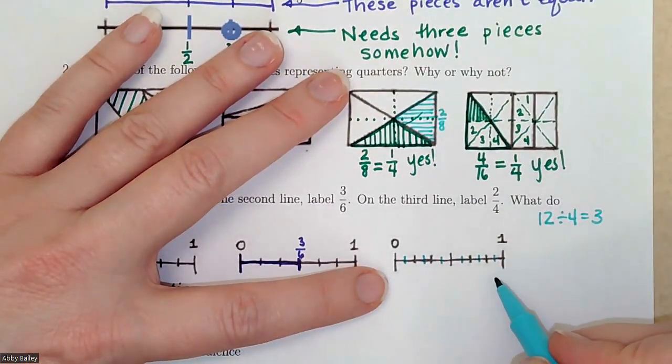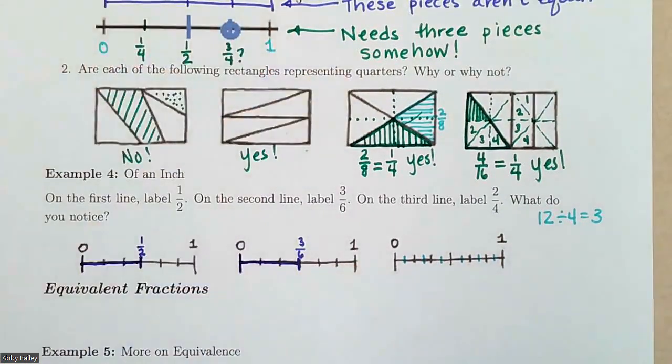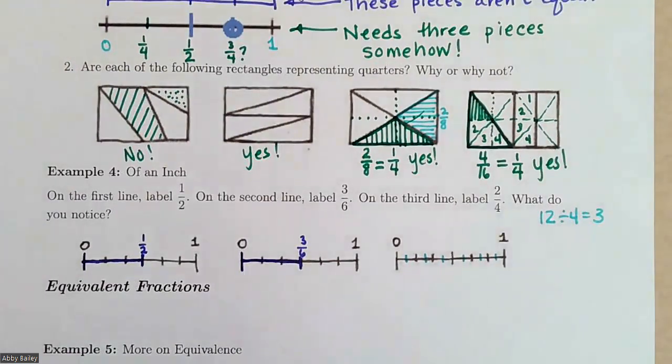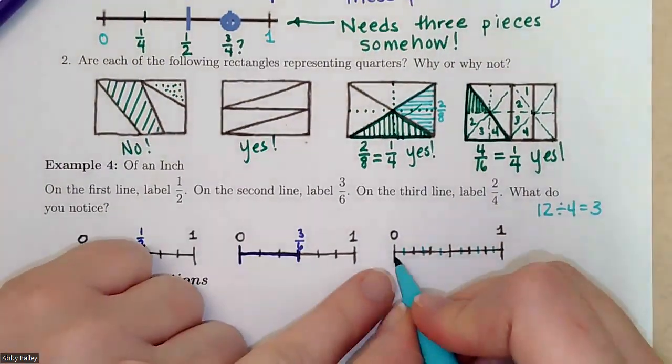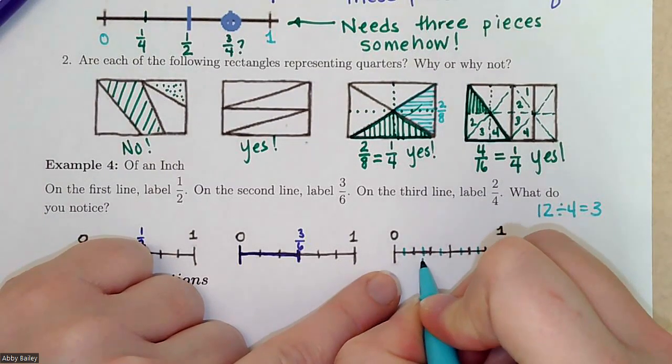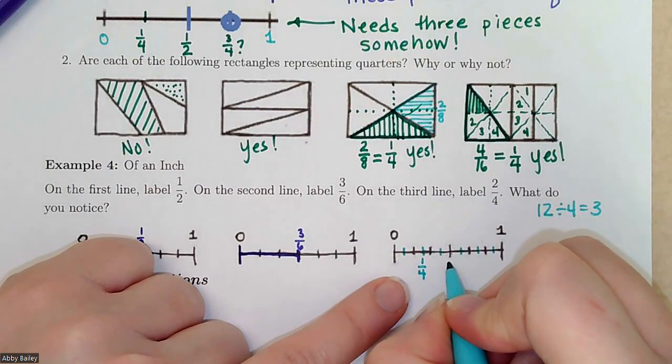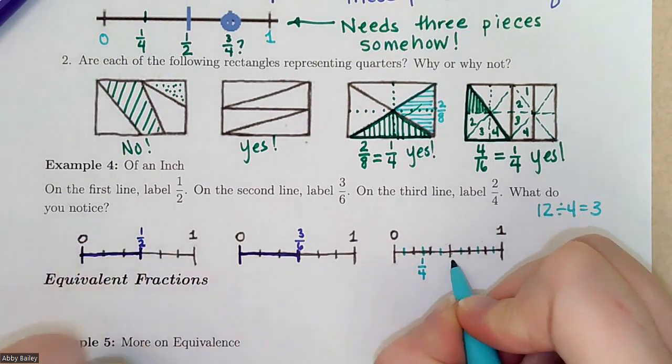And now I can think about chopping this into quarters. It's a little easier for me, because I'll think of that. Each quarter has 3 of these little tick marks. So each quarter is a distance of 3. So as a reference, I'm thinking, okay, so this one, 1, 2, 3, this is 1/4. 1, 2, 3, this is 1/2 or 2/4.